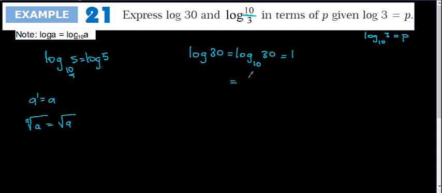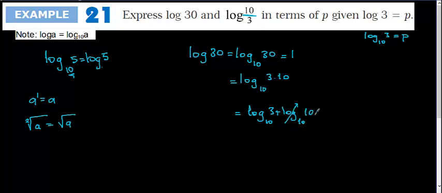So it's going to be equal to logarithm base 10 of 3 times 10, which is logarithm base 10 of 3 plus logarithm base 10 of 10.